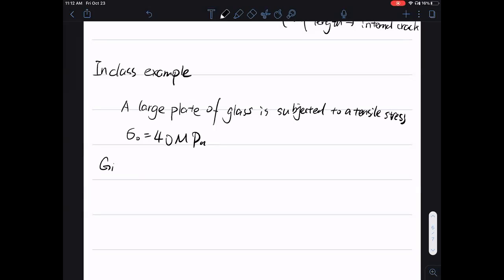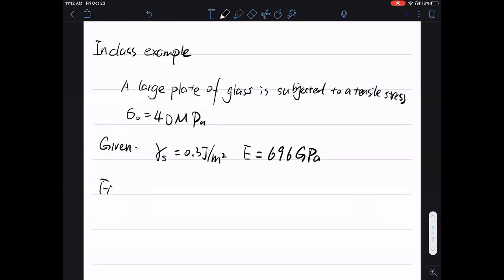And we're given gamma S, which is specific surface energy of that glass, equals 0.3 joule per meter square. And the Young's modulus of that glass is 69 gigapascal. And we want to find out if this glass will fracture when there are small cracks present.